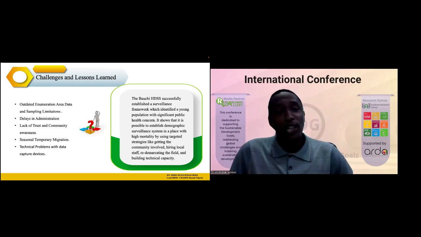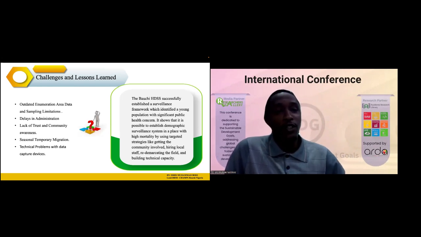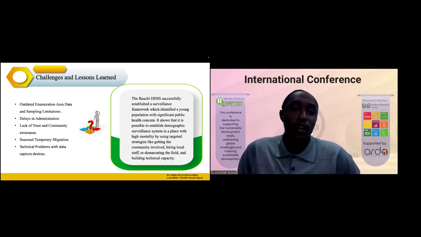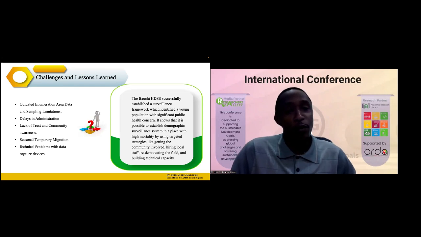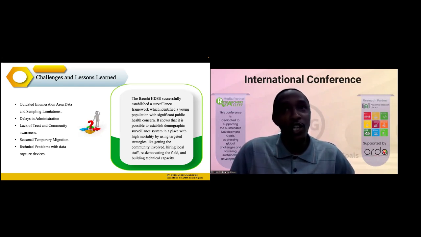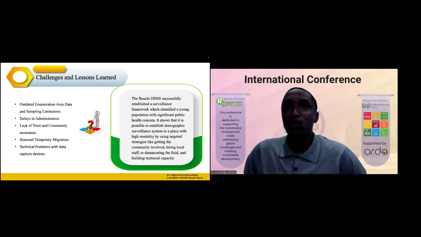So part of the challenges and lessons learned in the establishment of this HDSS is the use of outdated enumeration area data and sampling limitations. The last population census that was conducted in Nigeria was in 2006, 20 years now, and the last enumeration area demarcation was conducted in 2005.